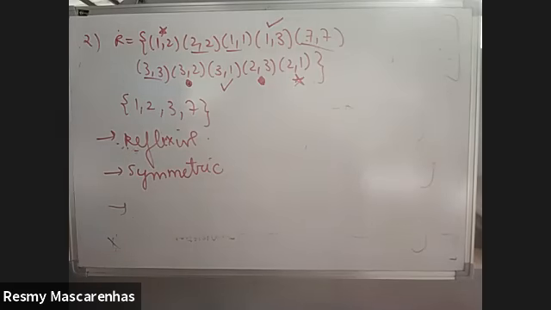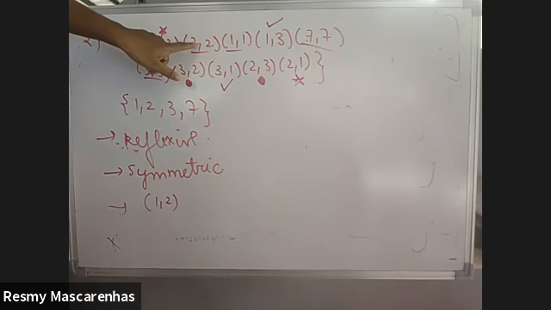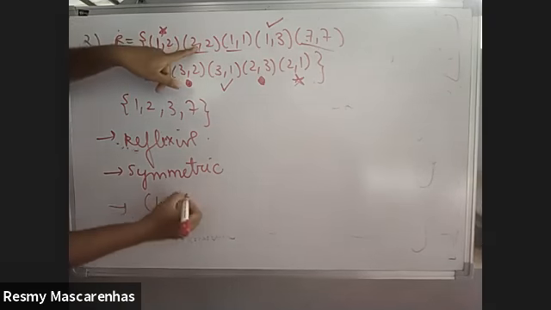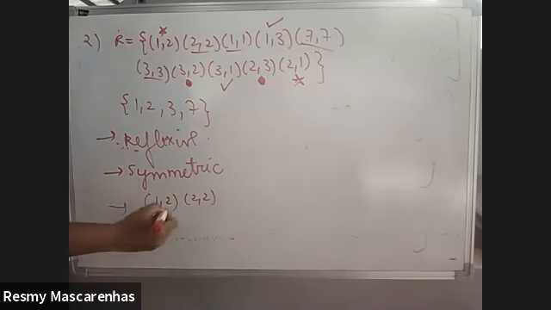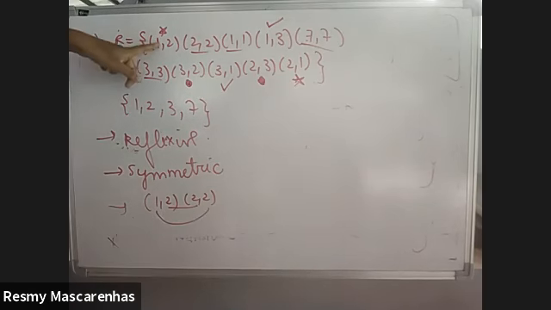And last, to check if it is transitive. Start with the first pair, 1, 2. Those who have not understood, again I'm explaining. Write the first pair, only the first. Then check with all the pairs which start with 2. So 2, 2: this and this is matching, so 1, 2 is there.